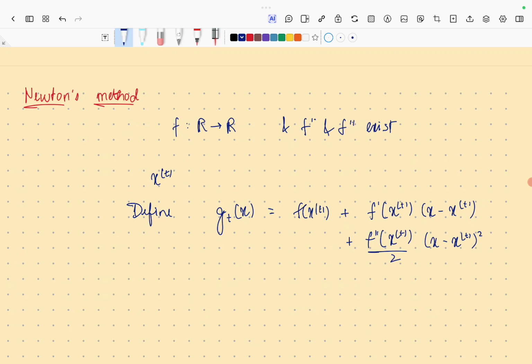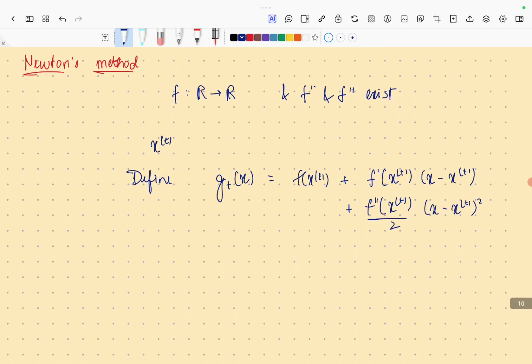In fact, you need f double prime of xt to be strictly greater than 0 to have a well-defined global minimum. If f double prime of xt is equal to 0, then you just get a linear function, and then the minimum will be at either plus infinity or minus infinity. So the main requirement here is that the function be convex.